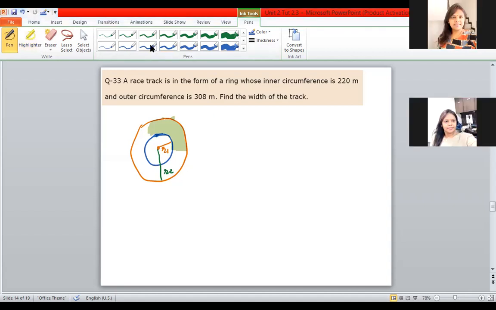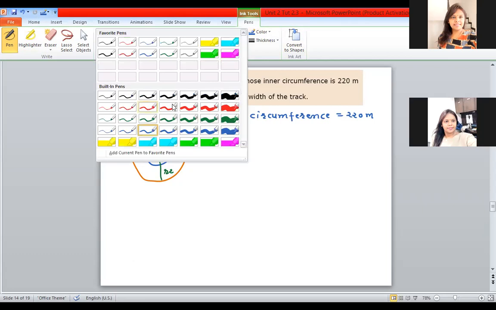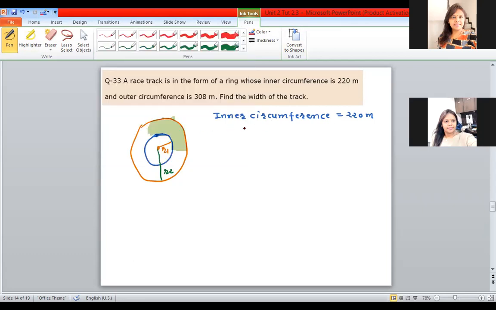The inner circumference is 220 meters. You just put the formula of the circumference, that is 2 pi r, but for the inner, whose inner radius is R1. It's 220 meters.